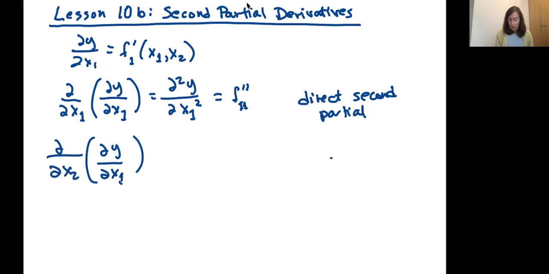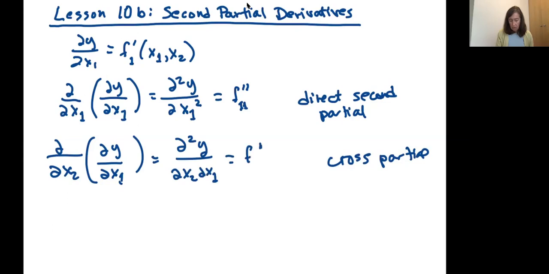And we would call this the cross partial and write it as del squared y, del x2, del x1, or f double prime, f2, x1. Okay.